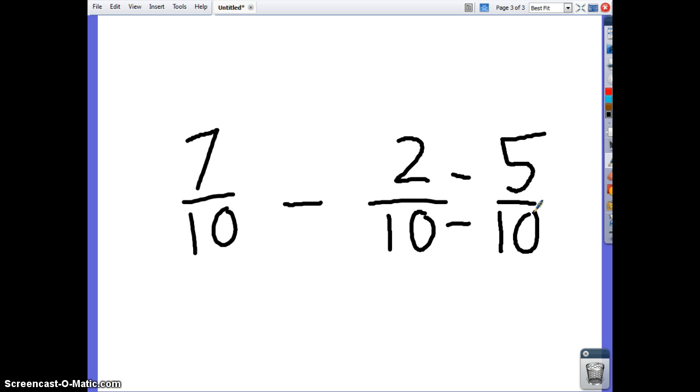So you can divide them by 5, not 2, 5. Divide them by 5 to get 1/2, and here is your answer.